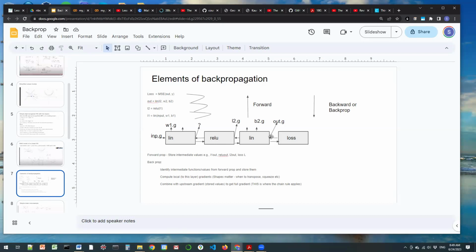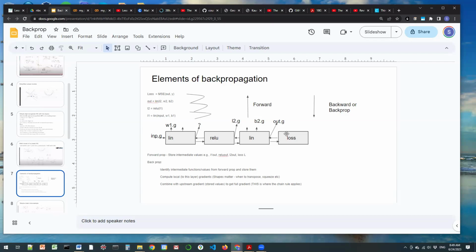When I say distribute, it means how do we take the value of a change in loss and distribute it across the change in W2, the change in B2, the change in L2, the change in L1, leading to changes in W1, B1, and inputs. The method by which we do that is what is called backpropagation.